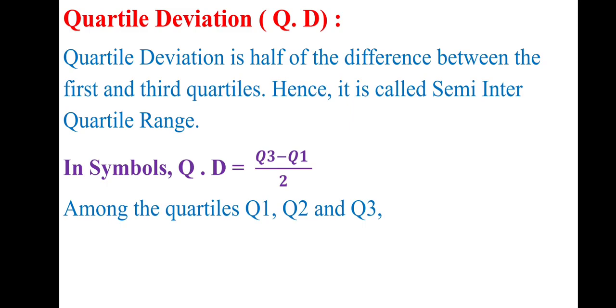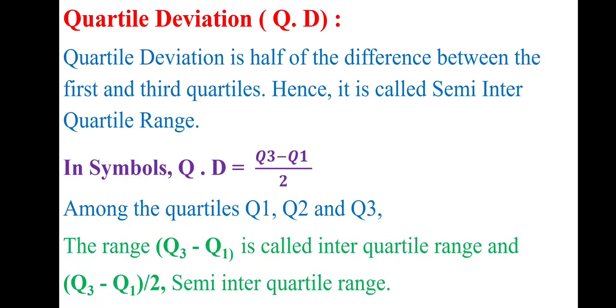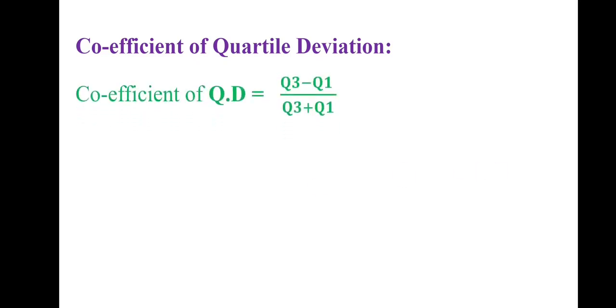Q1 is called the first quartile or lower quartile. Q3 is called the third quartile or upper quartile. Q3 minus Q1 is called the interquartile range, and Q3 minus Q1 divided by 2 is the semi-interquartile range. For the coefficient of quartile deviation, the formula is Q3 minus Q1 divided by Q3 plus Q1.